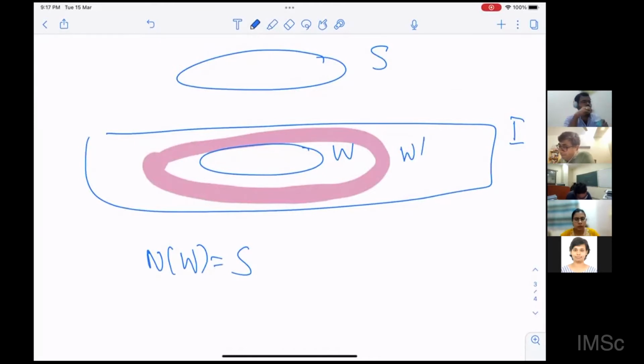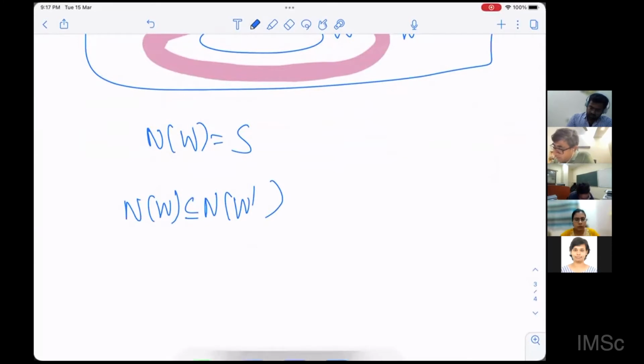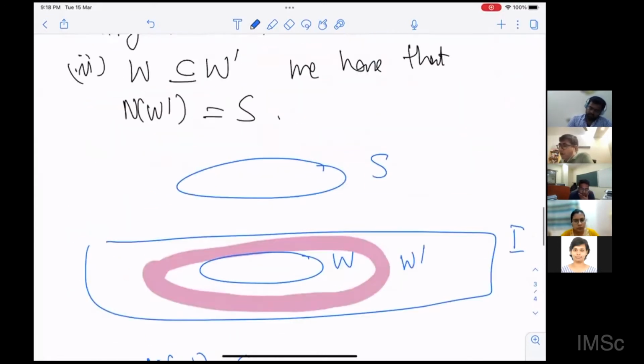Definitely, what we know is that the neighborhood of W is contained inside the neighborhood of W prime, which is contained inside S. But the neighborhood of W is exactly equal to S, which implies the neighborhood of W prime is exactly equal to S. Look, W is a subset of W prime, so W prime can only have more neighbors than W. But where are the neighbors of W prime?